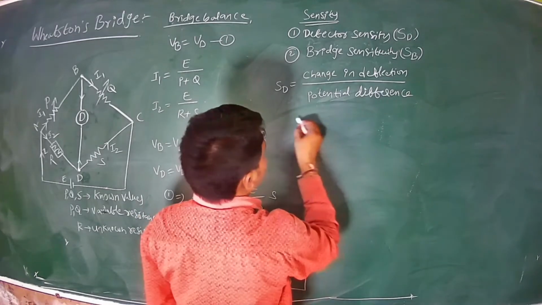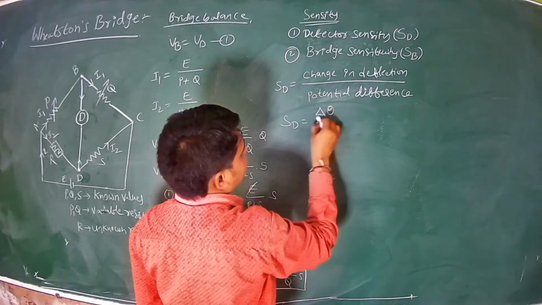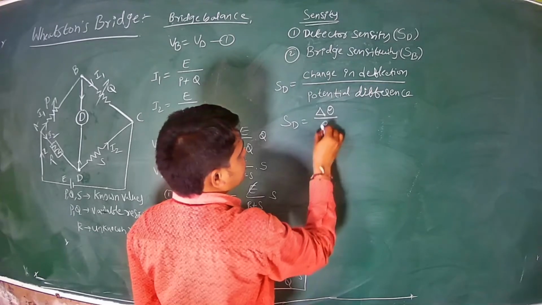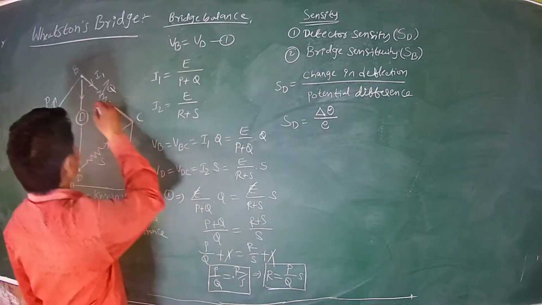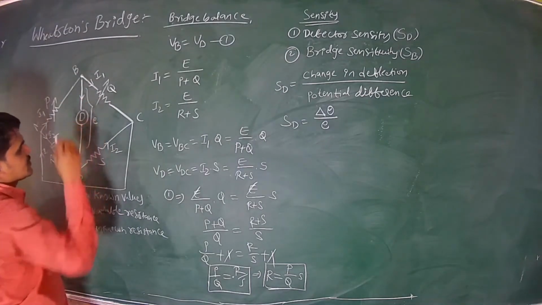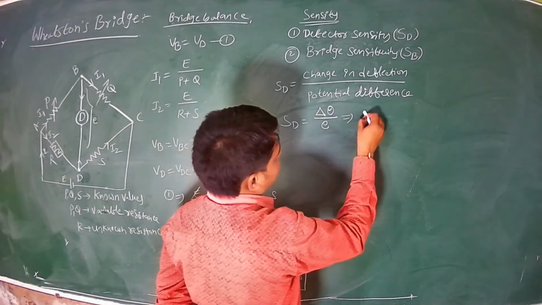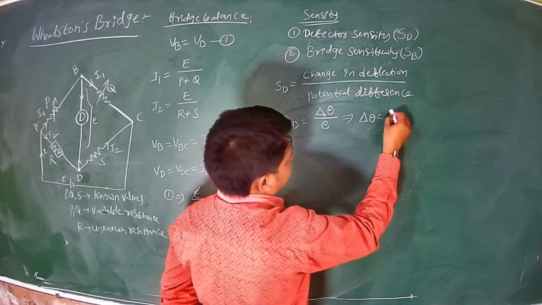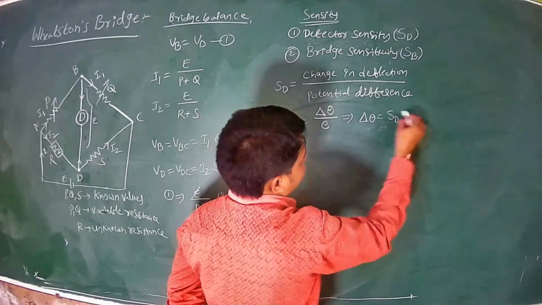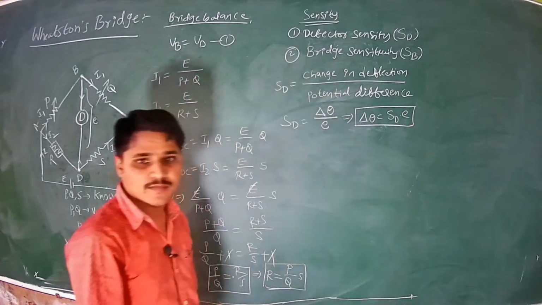That means SD is equal to the change in deflection, delta theta, by the potential difference, let us say E. That is, E is the voltage across this detector. Therefore delta theta equals SD into E. Please keep this in mind, as we will use this relation in the next step.